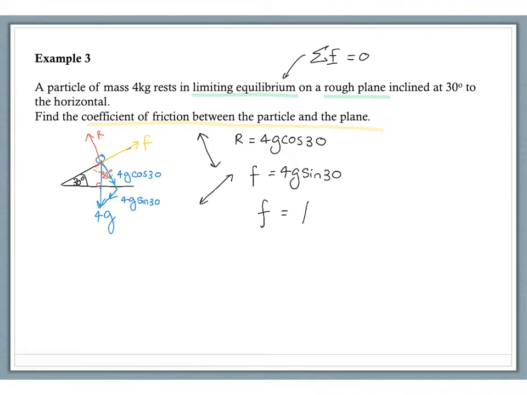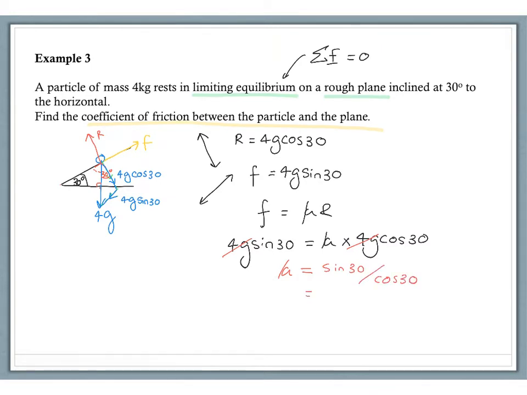Remember, F equals mu R. So 4g sine 30 equals mu multiplied by 4g cos 30. We get some neat cancellation there. And then mu is equal to sine 30 over cos 30, which of course equals tan 30, or 1 over root 3.